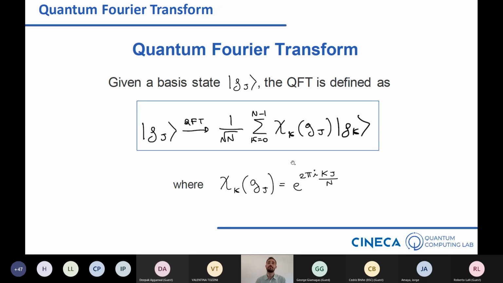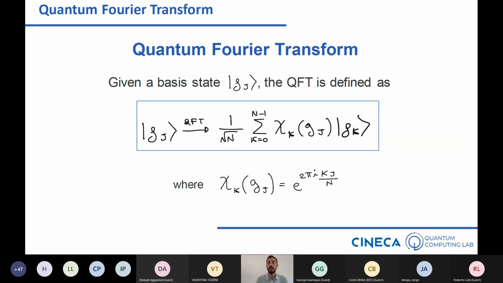The simplest quantum Fourier transform possible is exactly the Hadamard gate. The Hadamard gate transforms the state 0 into 1 over square root of 2 times 0 plus 1. So it's the simplest case of the quantum Fourier transform.